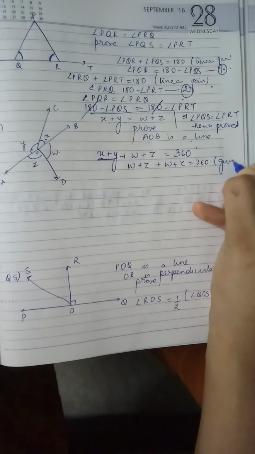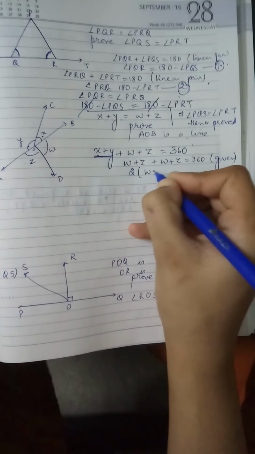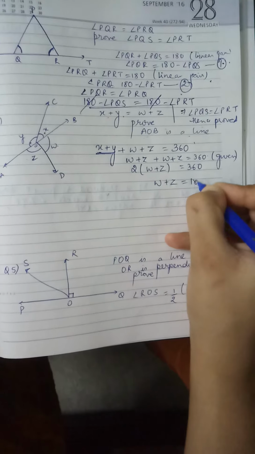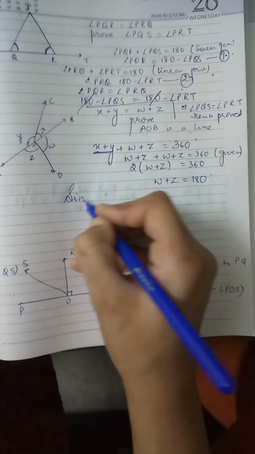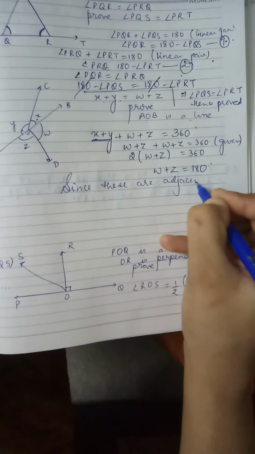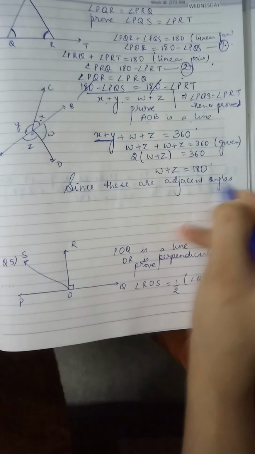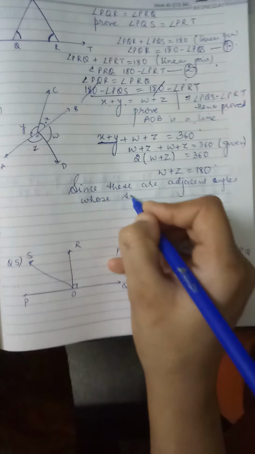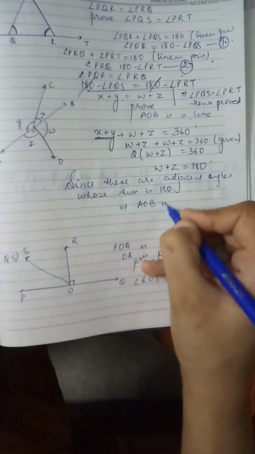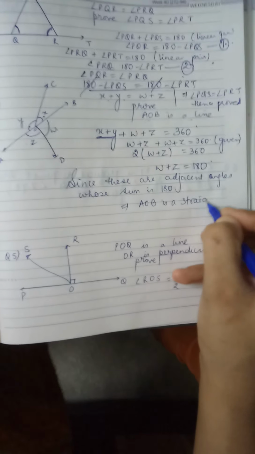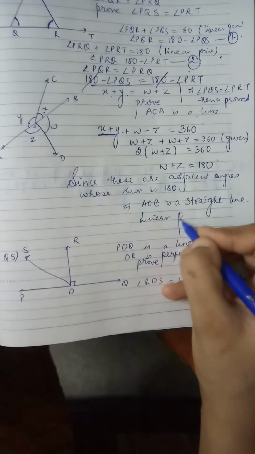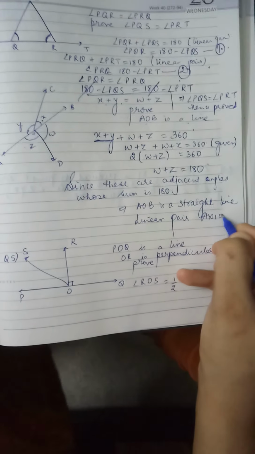So twice of W plus Z is 360 degrees, or W plus Z is 180 degrees. Since these are adjacent angles whose sum is 180 degrees, therefore AOB is a straight line. We have proved in an axiom that this will be a straight line. Linear pair axiom. Hence proved.